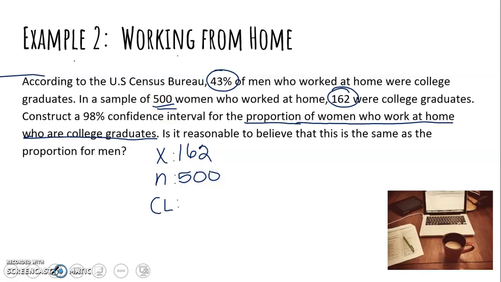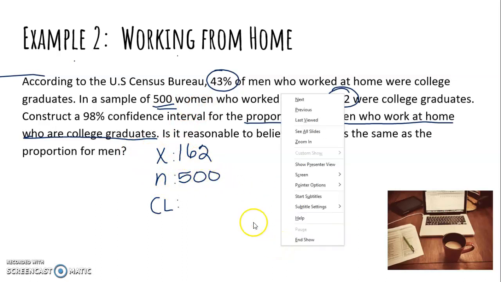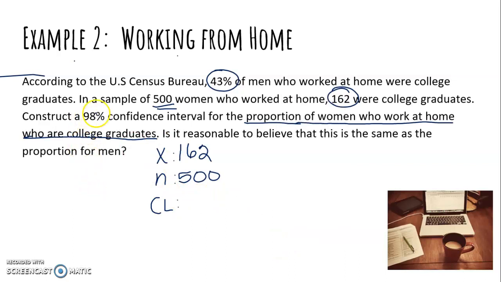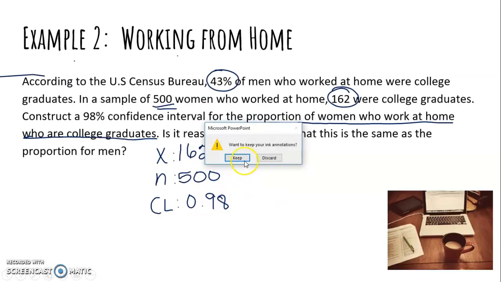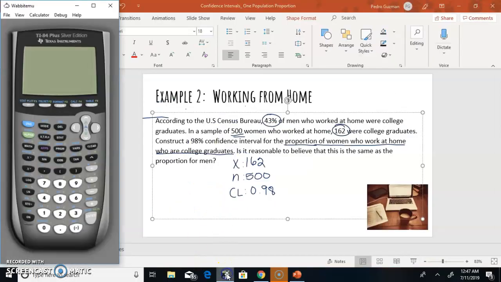Notice X is always smaller than N. N is always bigger. The confidence level is 98% right here, so 0.98. So I'm going to use the calculator. Let me pull that up.